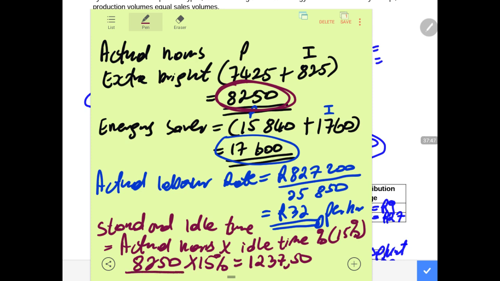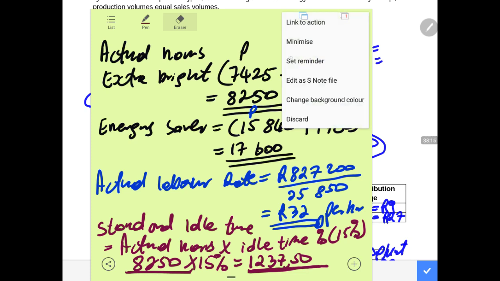We said 8,250 was the total hours, and 15% of that was standard idle time, meaning they're supposed to have idled these hours or less. They idled less than that, which means our employees were more productive this time around. So the variance becomes favorable to our company. That is where this was coming from.